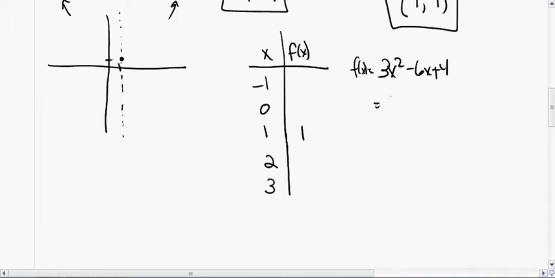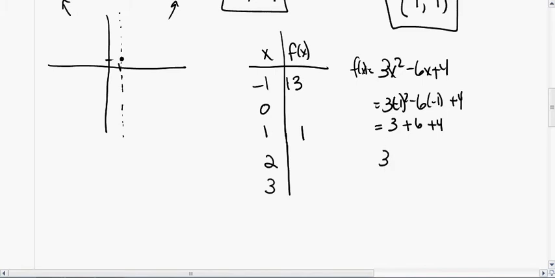Plugging in -1 first of all. 3 times -1 squared minus 6 times -1 plus 4. -1 squared is 1. 1 times 3 is 3. -1 times -6 is a +6. So now I've got 3 plus 6 plus 4. When x is -1, f of x is a +13.